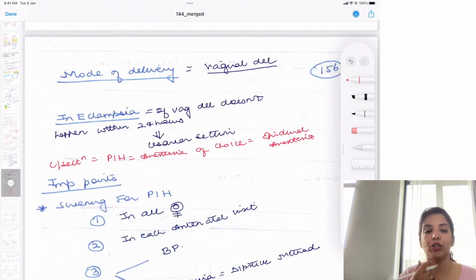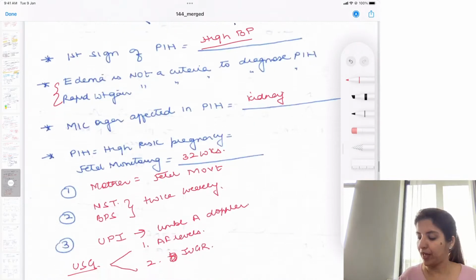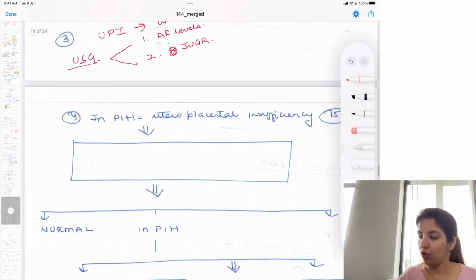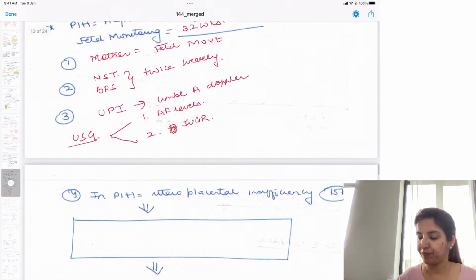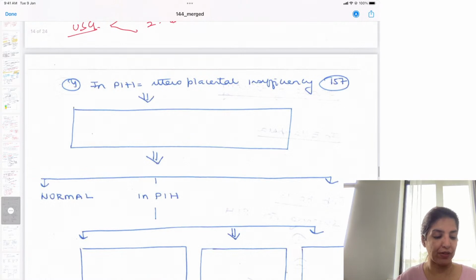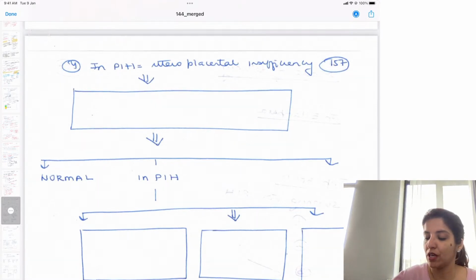Now all these important points I have done with you. Now I want all of you to come on page 157. Now in patients with PIH, there is uteroplacental insufficiency, and because there is uteroplacental insufficiency, I am going to do umbilical artery Doppler.